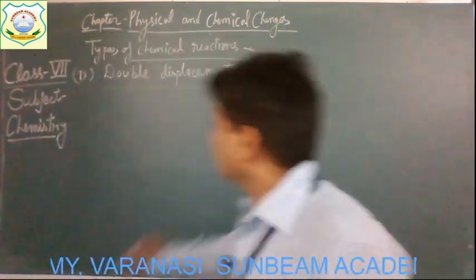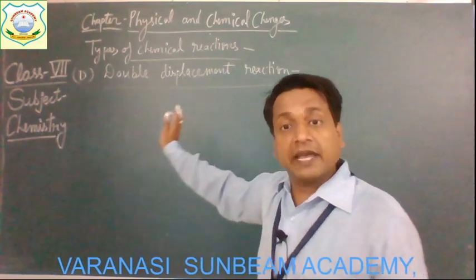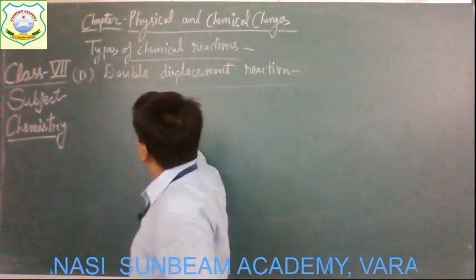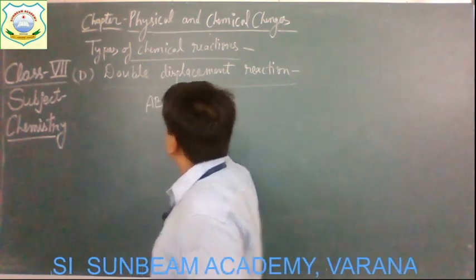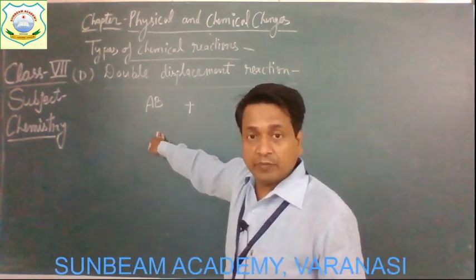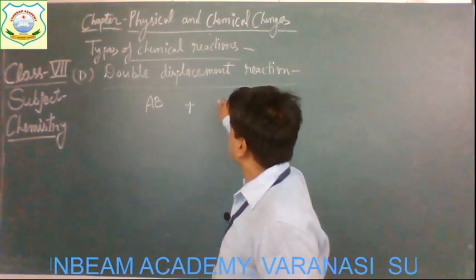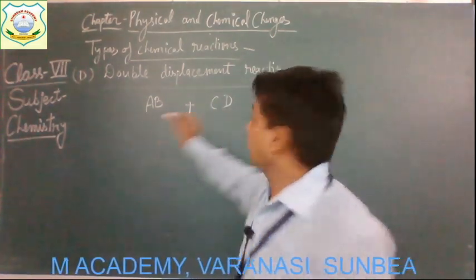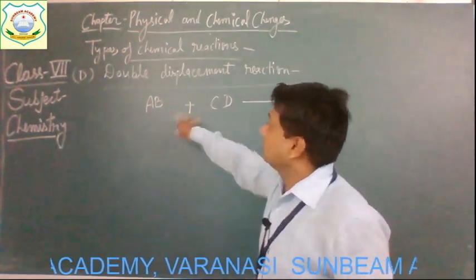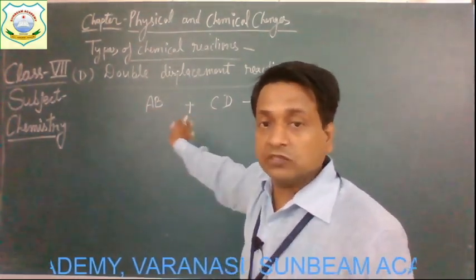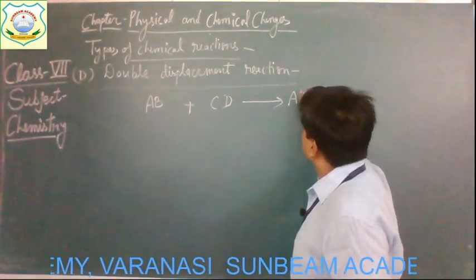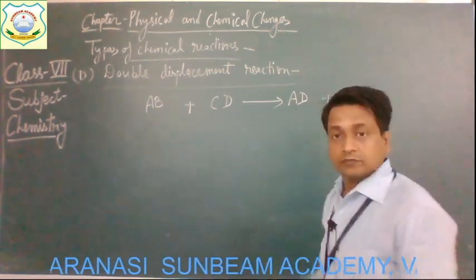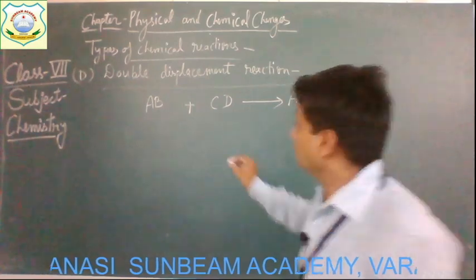So this double displacement reaction can be written generally as: suppose this one is a compound AB and the other is CD. So after the double displacement reaction, they are going to exchange. Get it, children? What happened?